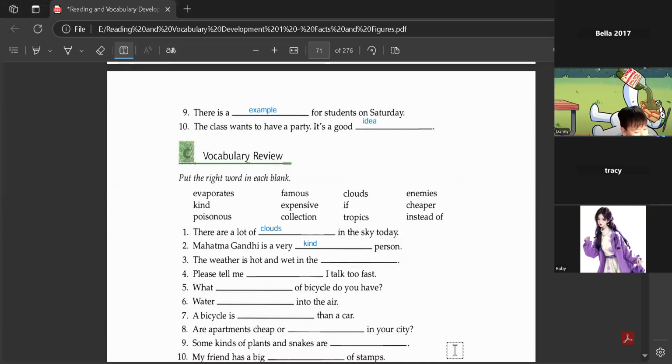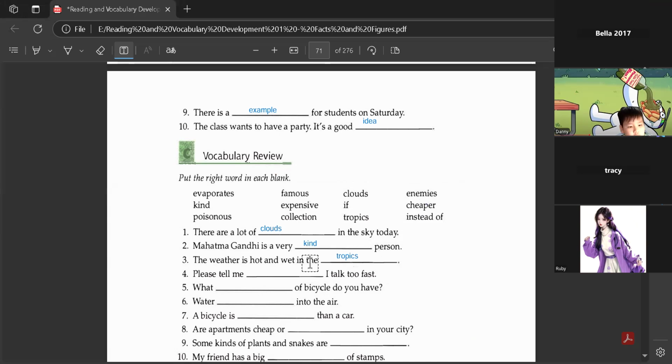Number three, the weather is hot and wet in the tropics. In the what? In the tropics. Okay. My speaker is so small.